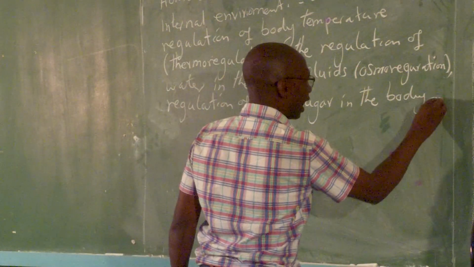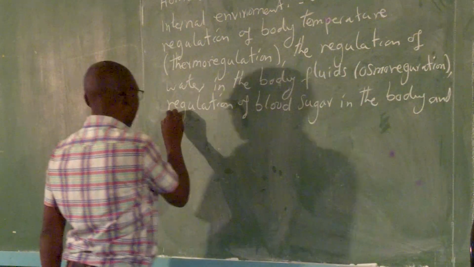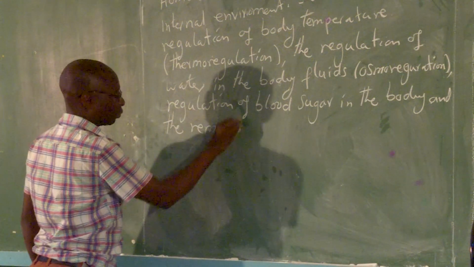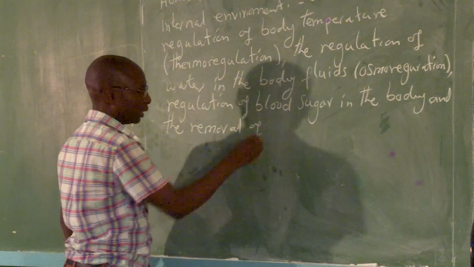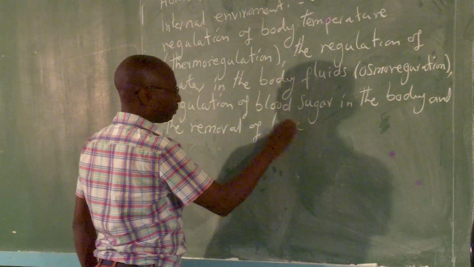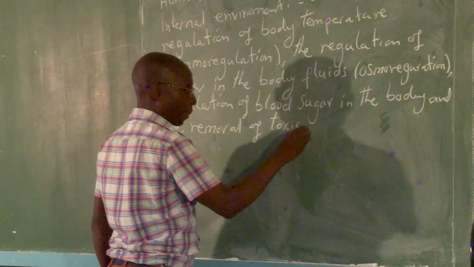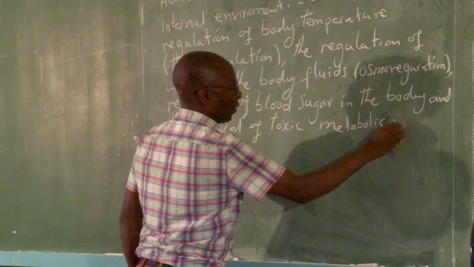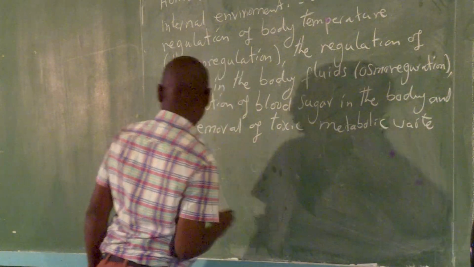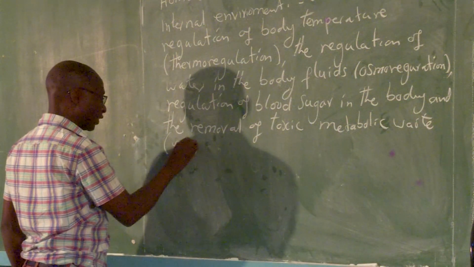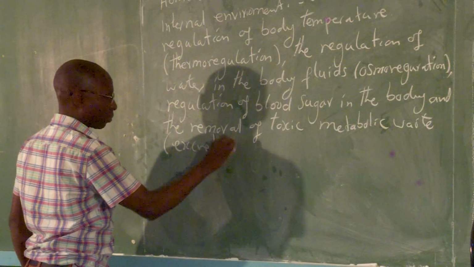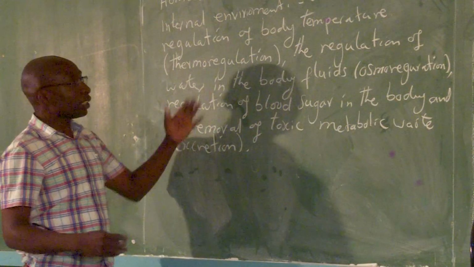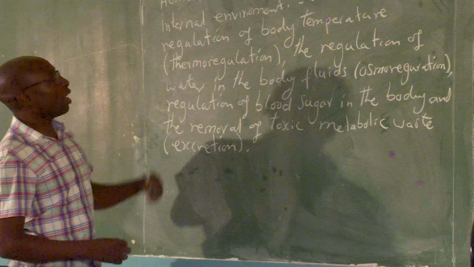So I can say the removal of toxic metabolic waste is excretion. Okay, so that's what is involved under homeostasis.